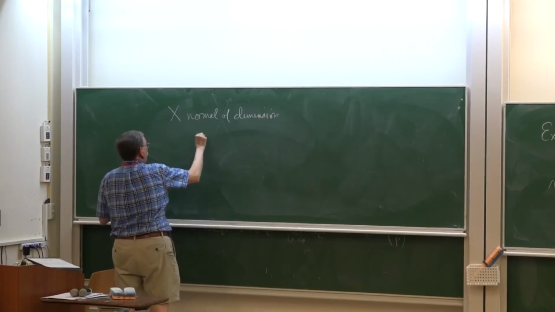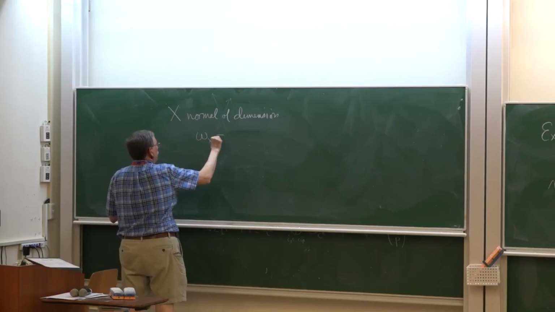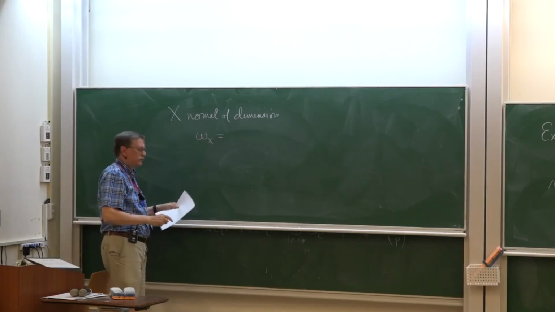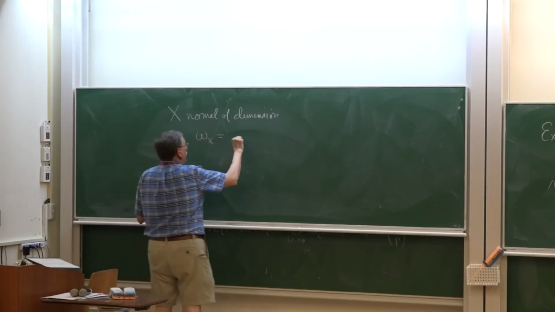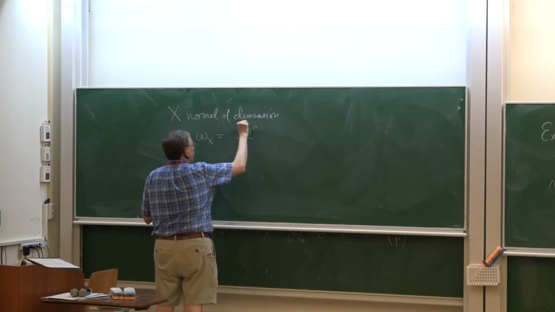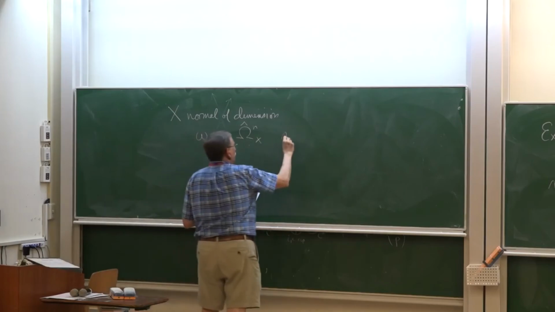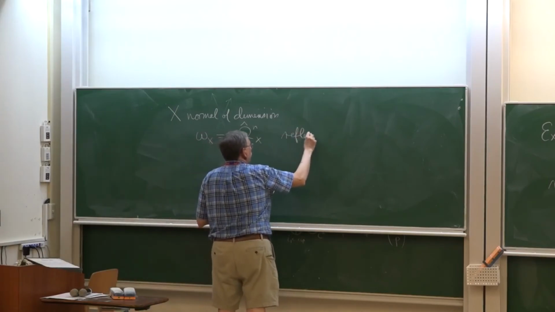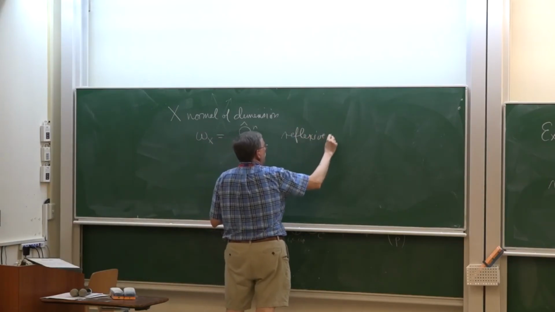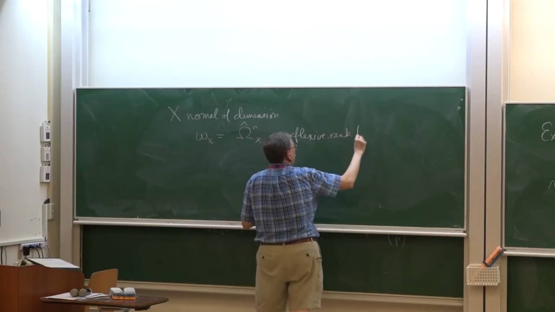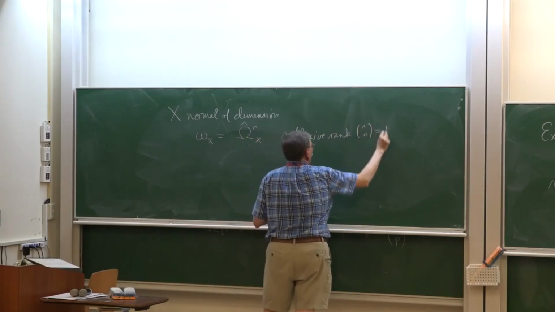And we often call it with a little, so that's the Greek letter omega, small lowercase omega. So this is the uppercase omega. So it's the Zariski n-forms there. And so this is reflexive of rank n choose n, which is 1.